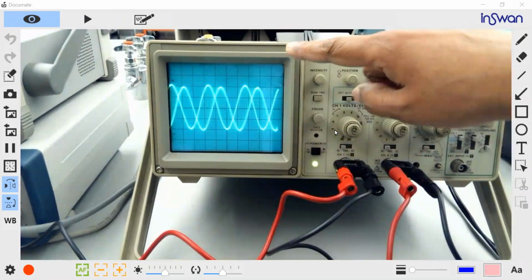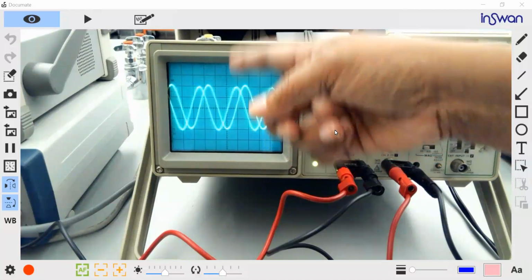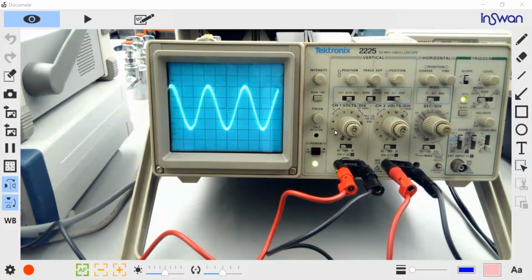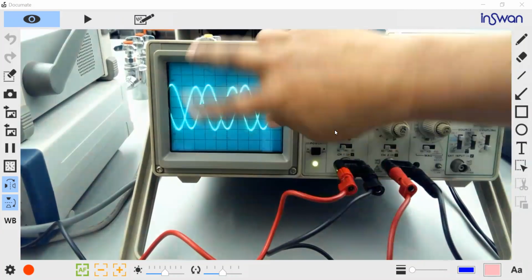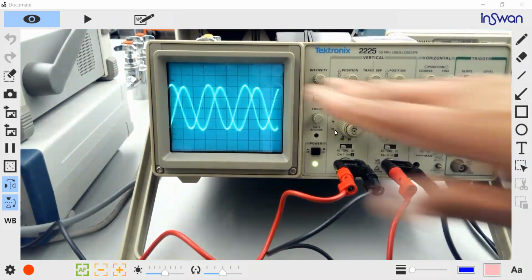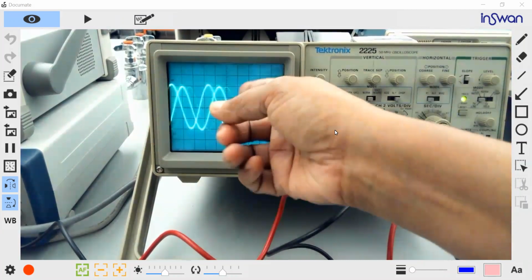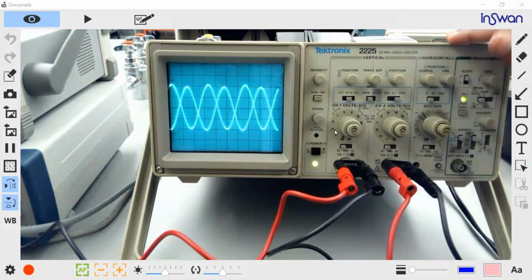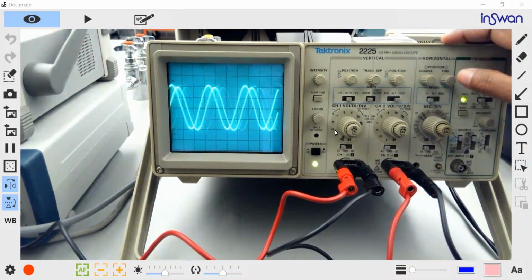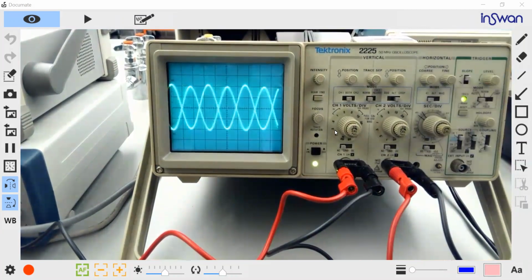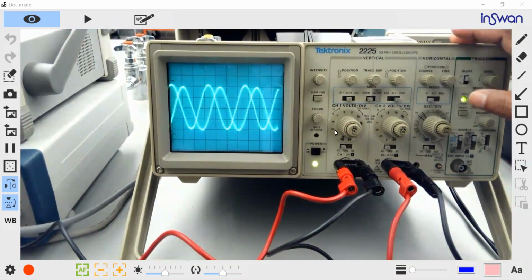If you send the Y as time and X as voltage, the opposite, these two will create a Lissajous figure. That's what this XY button does. So this will move this way, this will move this way, and you will see a kind of diagonal line if they are in phase. But if the phase is a little bit different, then you will see the circle. If you change the frequency, you will get a different Lissajous pattern.